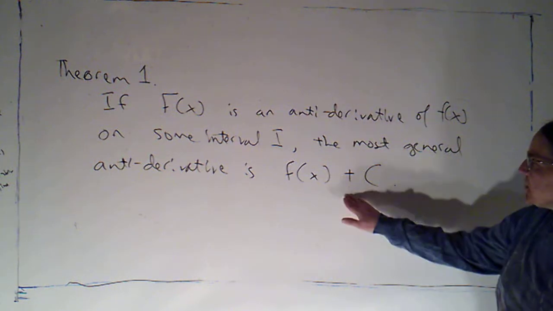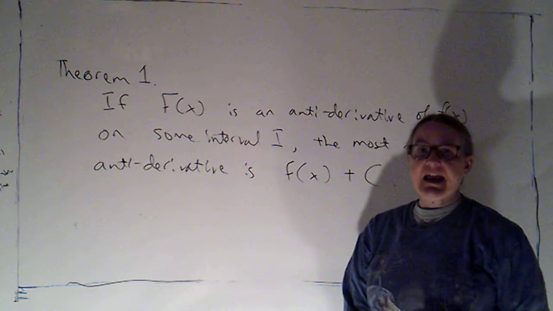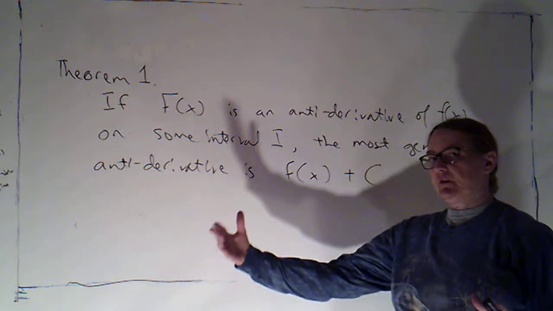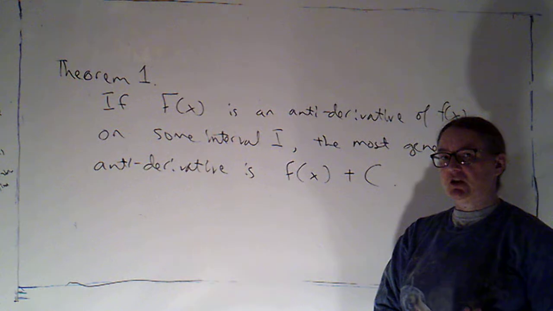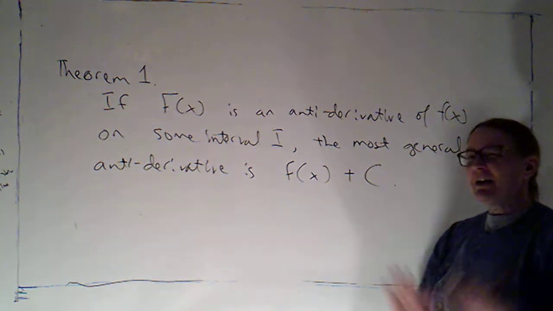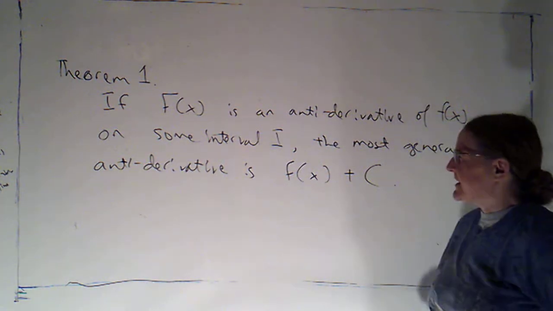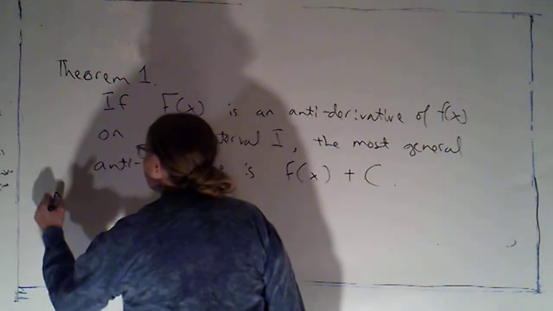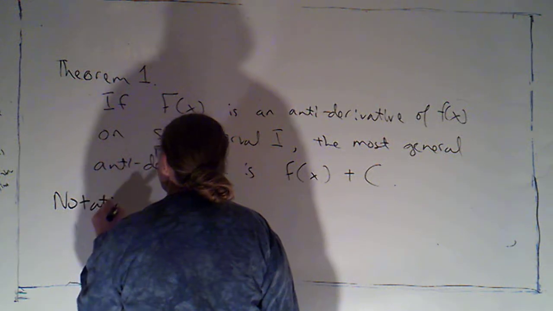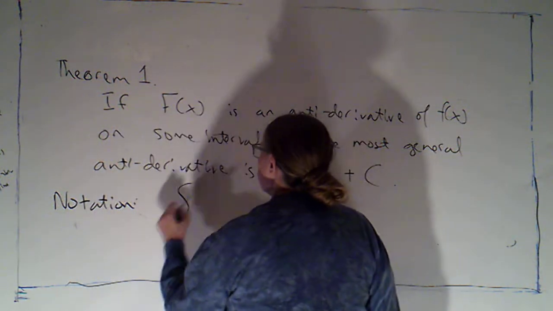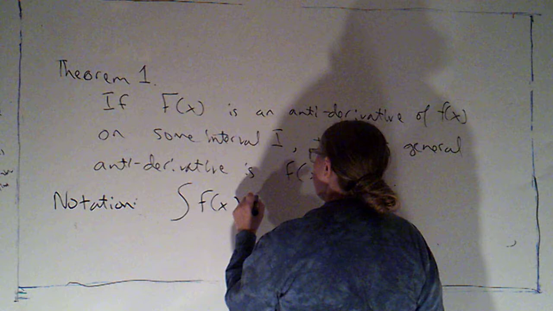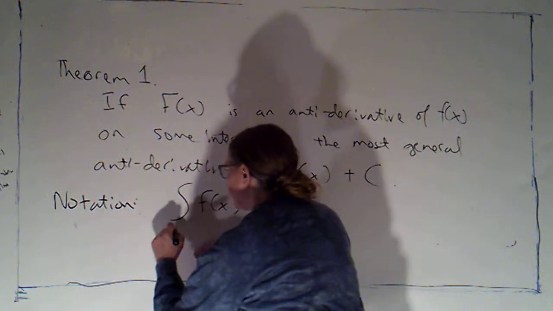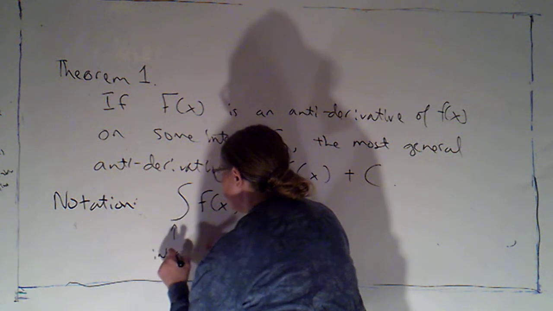All right. So I'm going to introduce some notation. And this is notation that the book will introduce eventually. The book doesn't actually introduce this notation until chapter 5, but it's going to make it easier to talk about these things because it's the notation for the general antiderivative. So here's what we have. The integral of f of x dx. This S-looking thing is an integral sign.